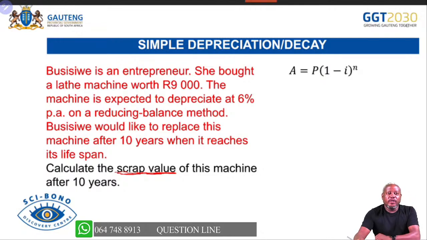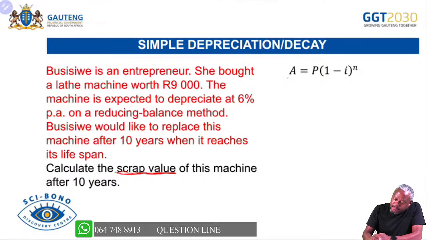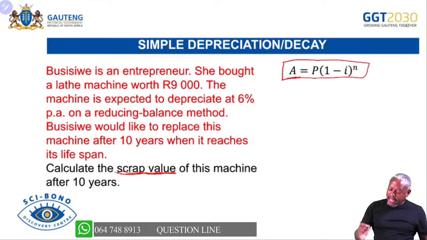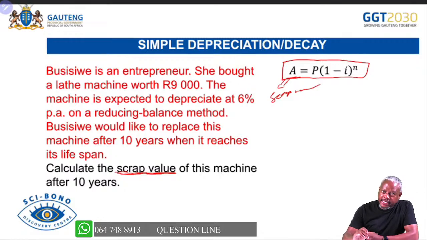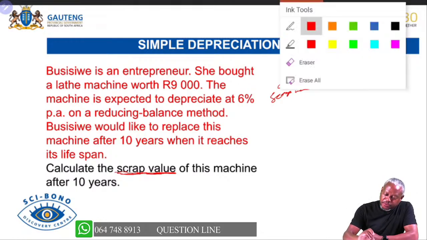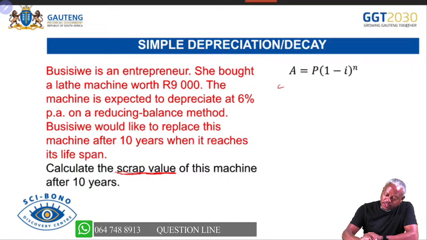Now, I think you did identify the correct formula. So it's A, this one. Please, you must be able to identify that. And let me remind you, this one is also equivalent to the scrap value. So let me erase it again so that I do not spoil our solution. Thank you very much for identifying the correct formula. Now can we proceed?